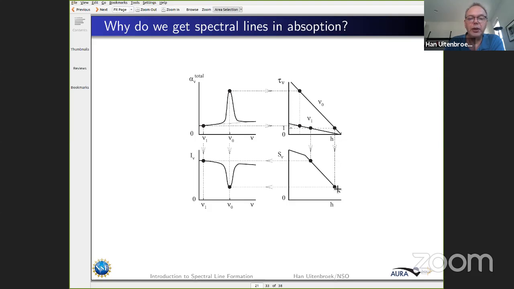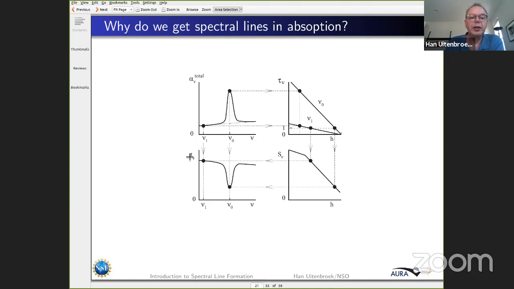And now with the Eddington-Barbier relation, we know that at μ0, the center of the line, we sample the source function at this height, and in the continuum, we sample the source function at this height, where the value of the source function is higher.